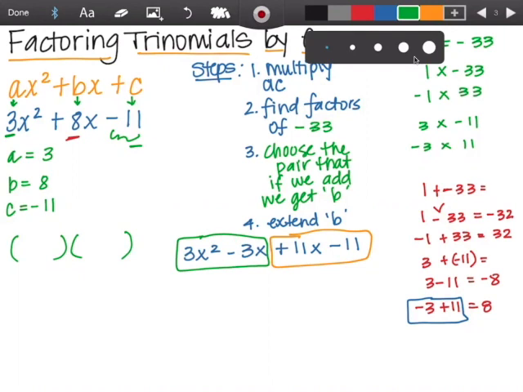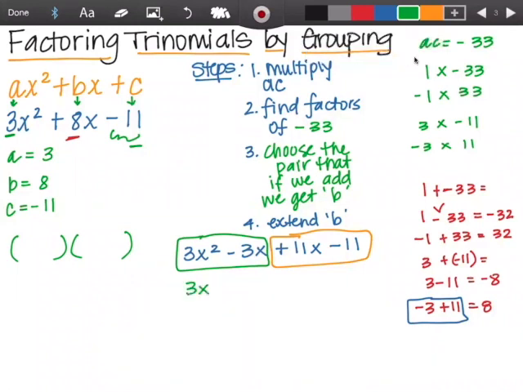All right. So we can pull out a 3. 3 is the greatest common factor. And we can also pull out an x. So we would say 3x. What do we multiply by 3x to get 3x squared? We multiply it by x. What do we multiply 3x by to get negative 3x?